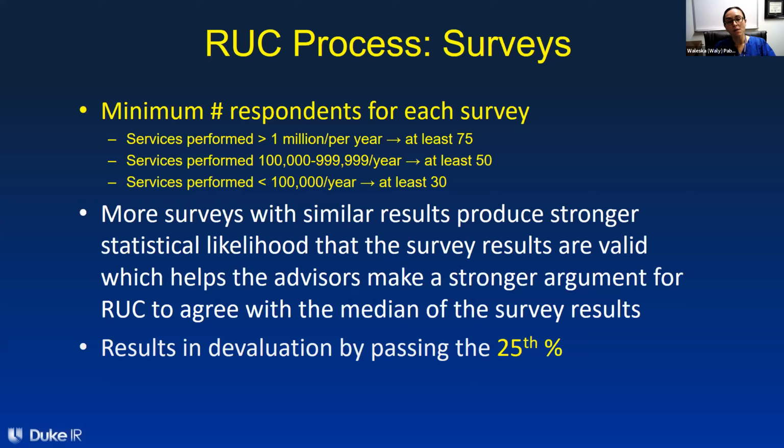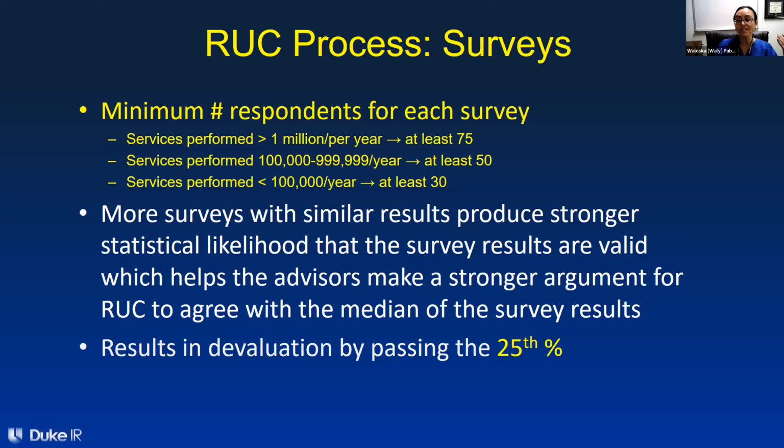So the procedures that are performed more frequently, more surveys need to be submitted. And you may think that obtaining 30 surveys, which is the minimum required for services performed less than 100,000 times per year, is not a lot, but sometimes it is very difficult to get 30 surveys.